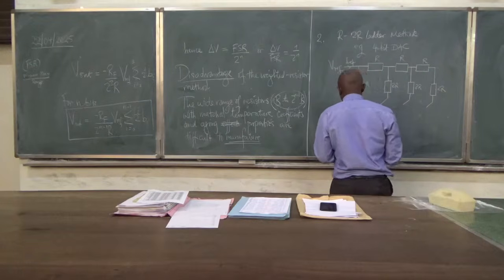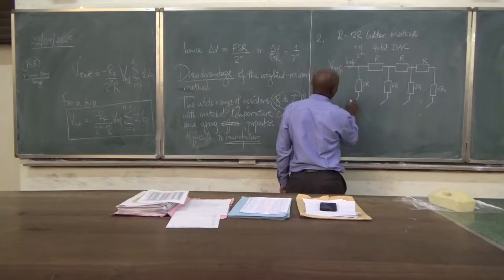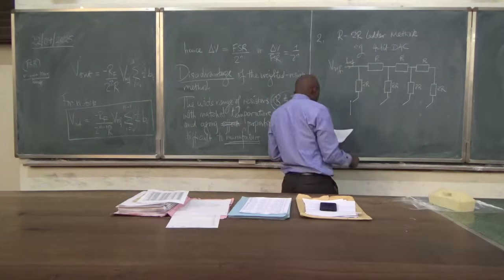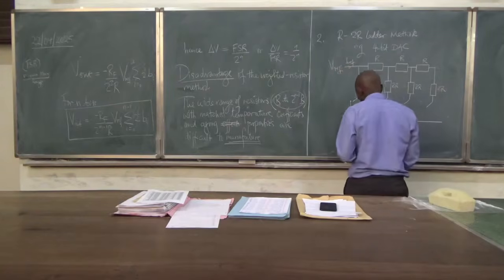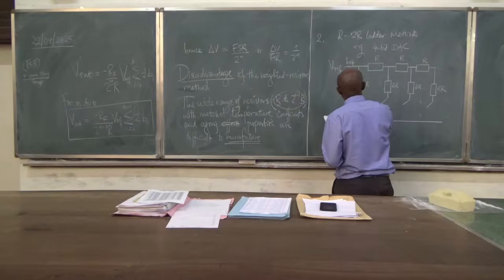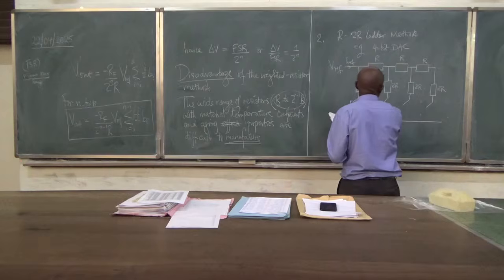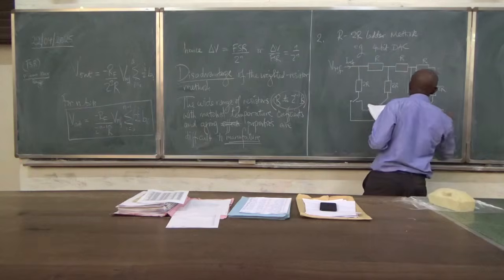Then make these switches either go here, and this other one will go straight to our operational amplifier. So we can have this or here, and then we also let this one go to the operational amplifier.